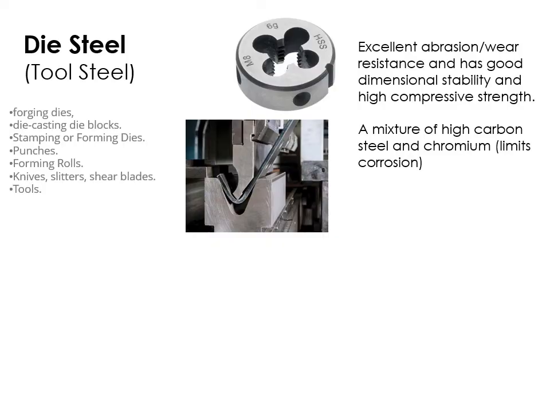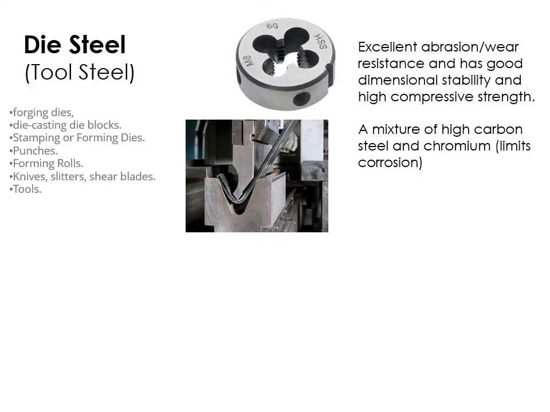you know, there's a tap and die set there at the top, quite often used for the molds and the formers used in industry. So for example, when you injection mold something, I talk quite often about how expensive those molds are. They're often made from die steel, so tool steel.